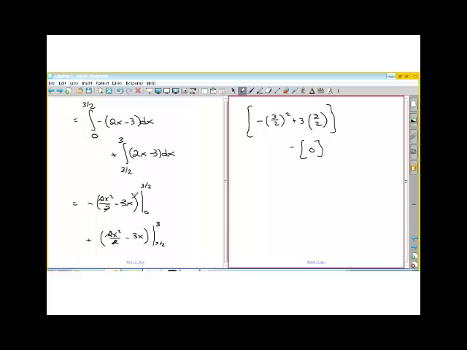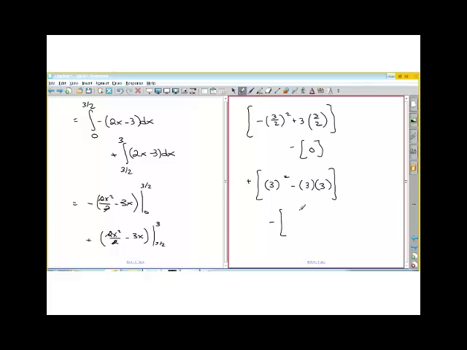The lower limit is going to be 0 because x equals 0. Then you have your second integral, which is x squared. In this case, x is 3, and we subtract 3 times x, which is 3. So this is x squared minus 3 times x. That actually goes to 0 as well.